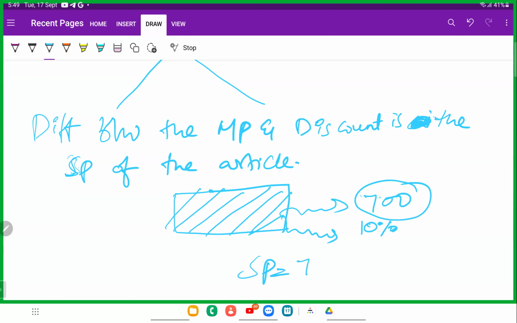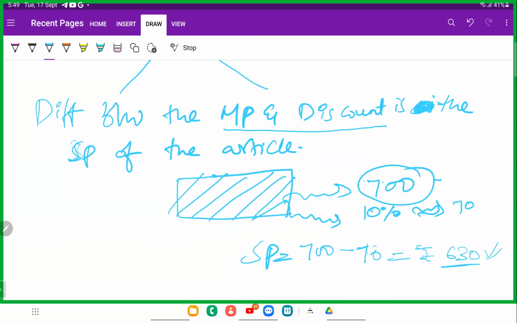That is 700 minus discount, the difference between market price and discount. 10% means 70 rupees. So 70. So the selling price will be 630.